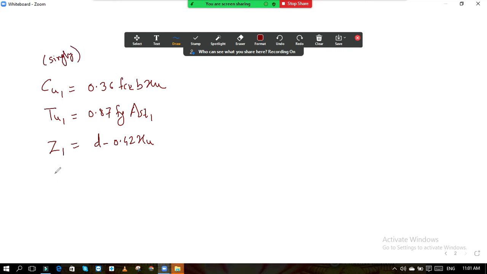Okay, and what is the maximum bending moment over here? That is Mu limiting. We call that as Mu limiting. Okay, now Cu2. What is Cu2? So Cu2 is nothing but stress in steel minus stress in concrete, into Asc. Now what is Tu2?